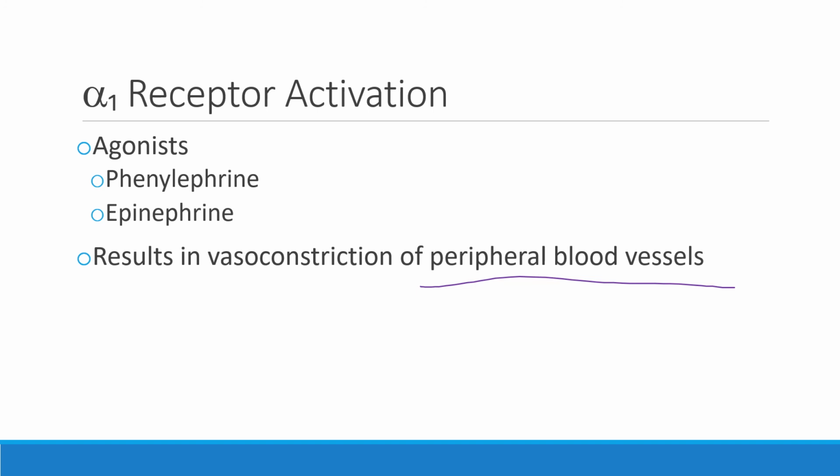So this will also include the airway, not just the fingers and toes. We're going to talk a lot more about this in the cardiac drugs when we talk about pressors to increase blood pressure, but these alpha agonists are to help increase back pressure, hopefully to the brain, the heart, the kidneys, the liver, to those vital organs, and away from your toes and fingers that may not need that blood flow quite when that patient's blood pressure is so low.